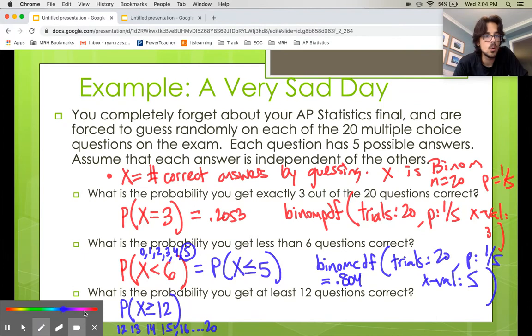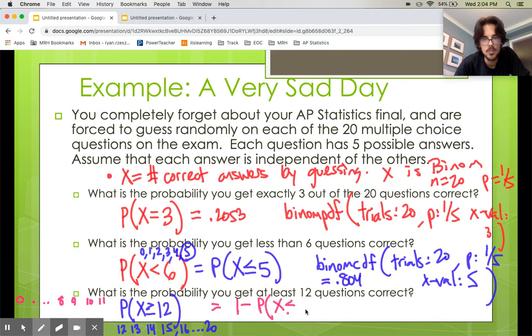So if you think about what I do not want then, I don't want everything below 12. I don't want 11, I don't want 10 or 9 or 8, all the way down to 0. So what I'm going to end up doing here is I'm going to do a 1 minus, and I'm going to do 11, because that's the beginning of what I want to cancel out right here.